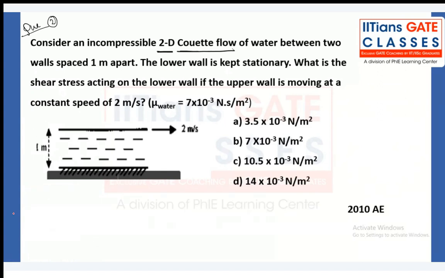Now in this question, whether they have given any velocity profile, whether we have to consider a linear velocity profile or parabolic velocity profile, something like that. By default, they have not given anything regarding the velocity profile, but they have given incompressible flow and Couette flow. For incompressible flow, by default, with a pressure gradient dp by dx of 0, we are going to get the velocity profile as a linear velocity profile.